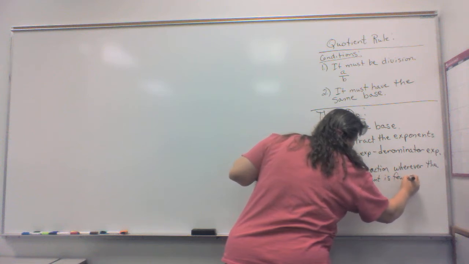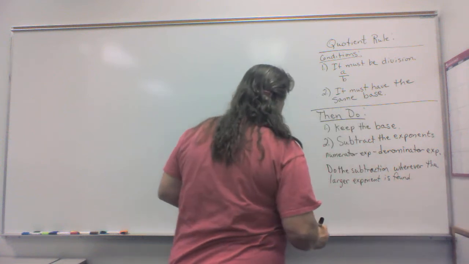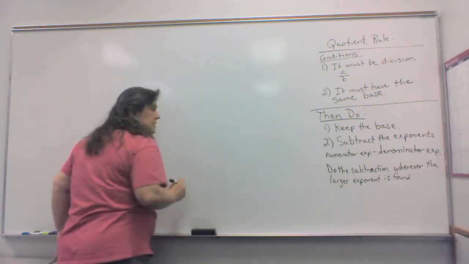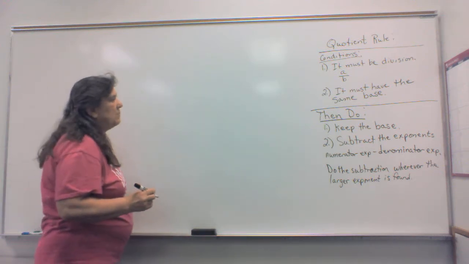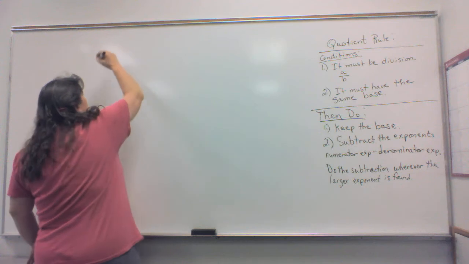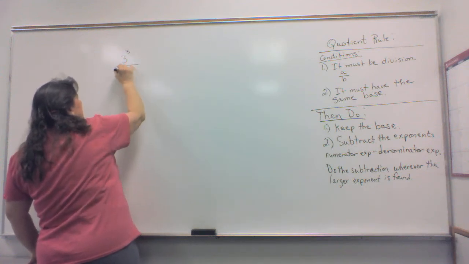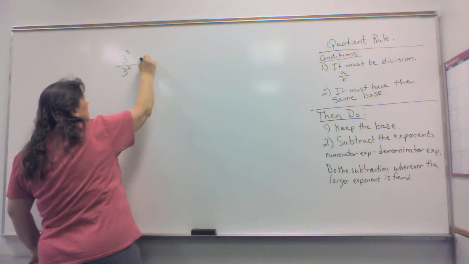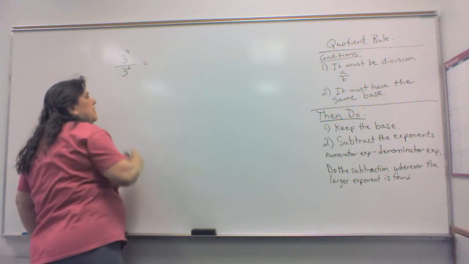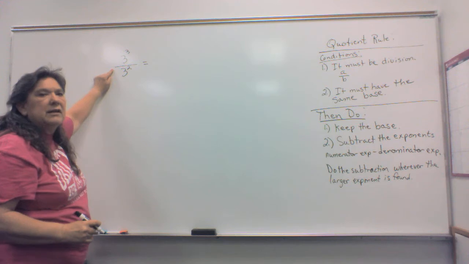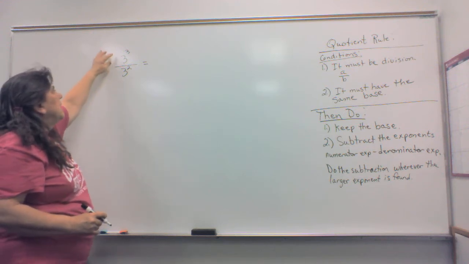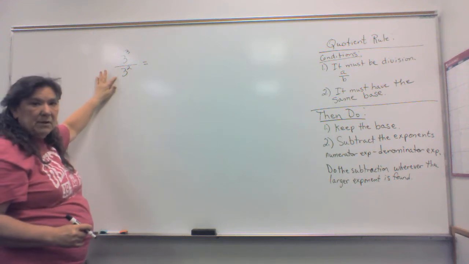Okay, so let's look at that. Let's do an example of that particular rule. We have 3 to the third divided by 3 to the second power. First of all, is it division? Yes. Is my base the same?